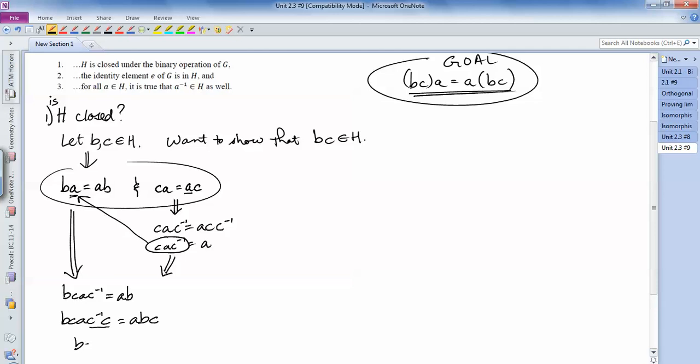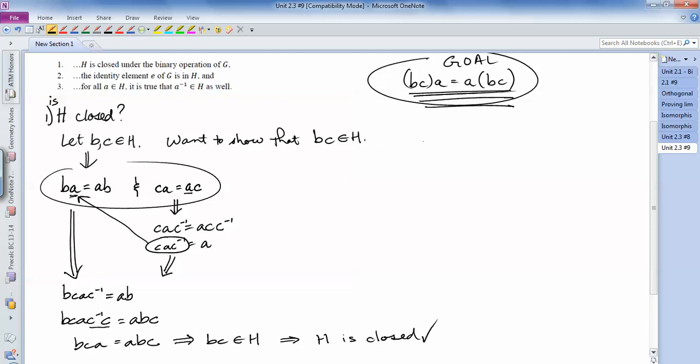So that's BCA equals ABC. And that's what our goal was. So this proves that BC has to be in H also, and therefore H is closed. That's usually the hardest part of the subgroup proofs, proving that it's closed.